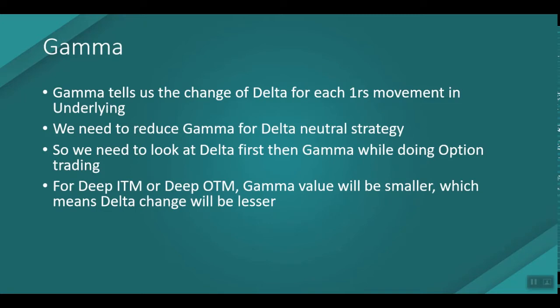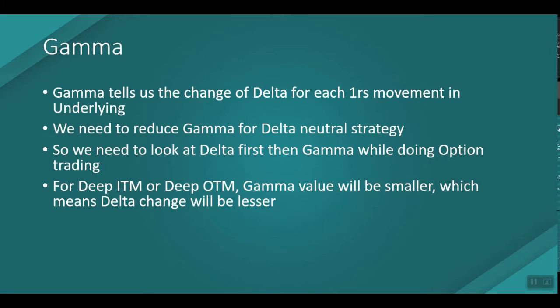For deep in the money and deep out of the money options, the gamma value will be very small. You might have noticed that even though the underlying stock is moving very drastically, the deep out of the money options never move much.